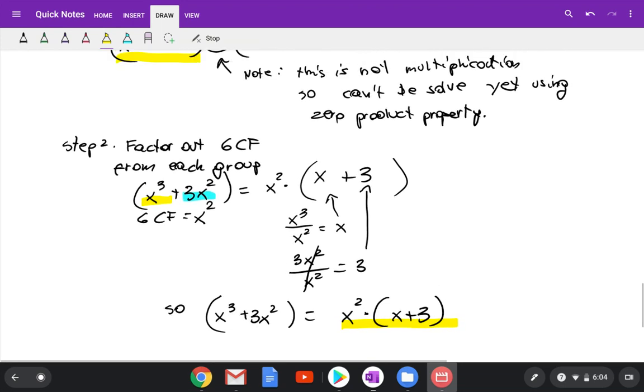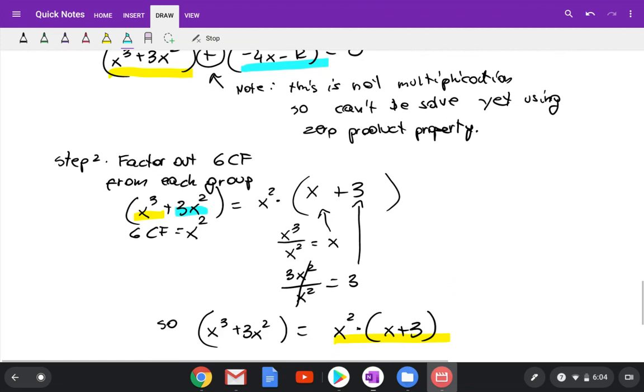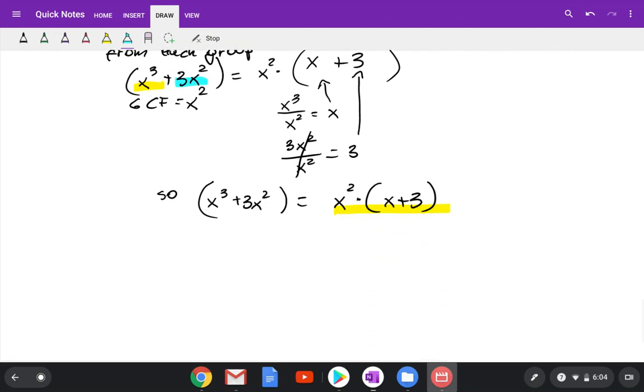I will do exactly the same thing with the second parenthesis, which is negative 4x minus 12. Since both expressions are negative, your GCF will be negative. I suggest to pick a negative number, which will be negative 4.